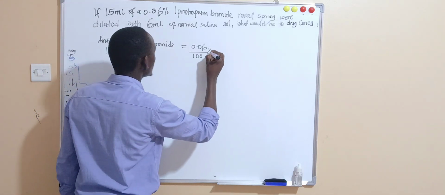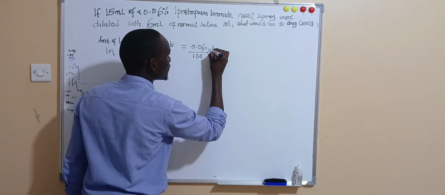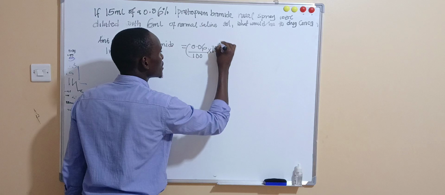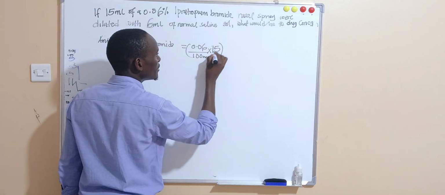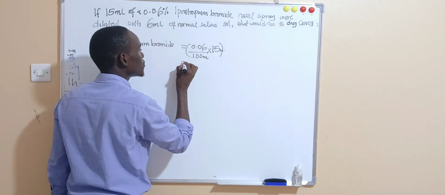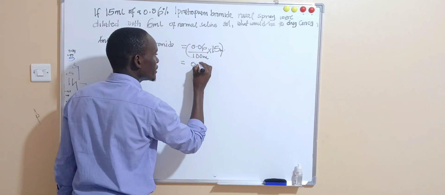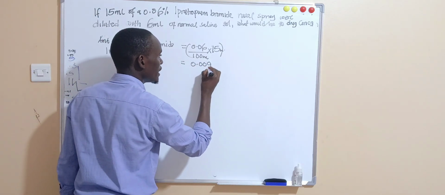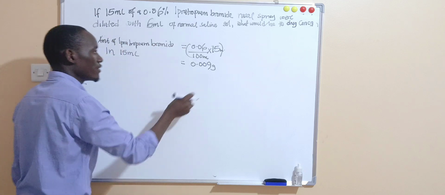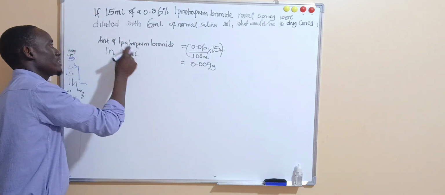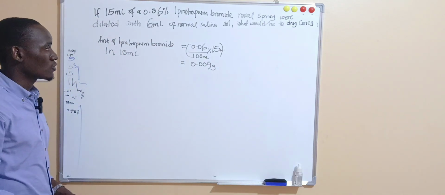So we shall multiply this with 15 mils. Since this is in mil and this is in mil, we shall get our answer in grams, and that will be 0.009 grams of ipratropium bromide in 15 mils of the solution.